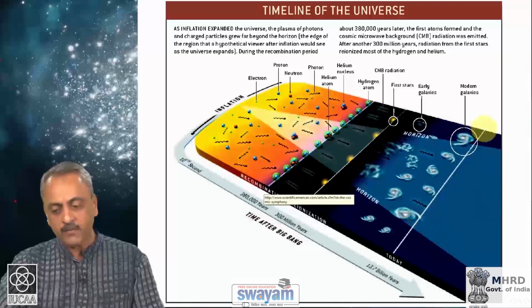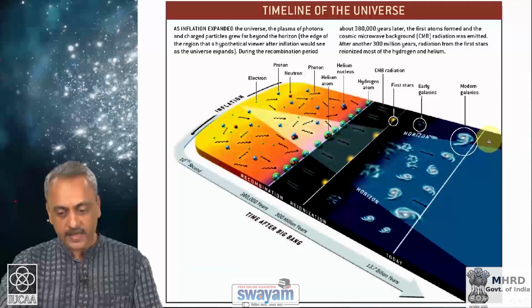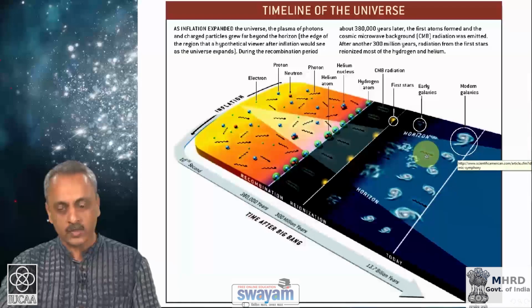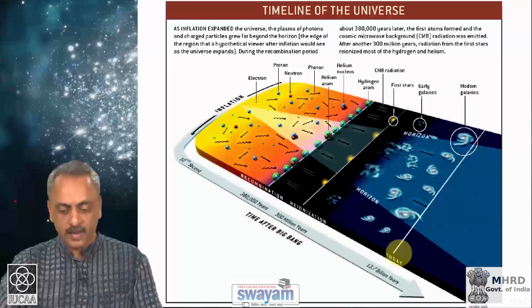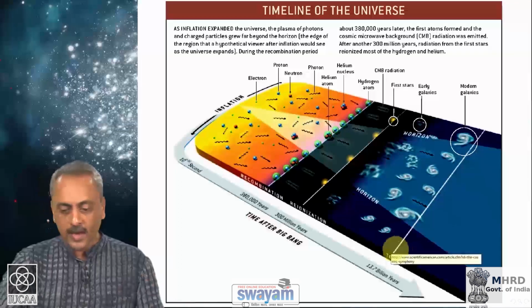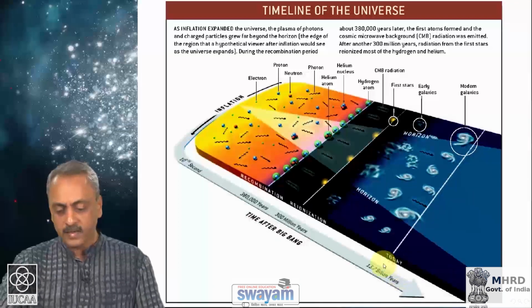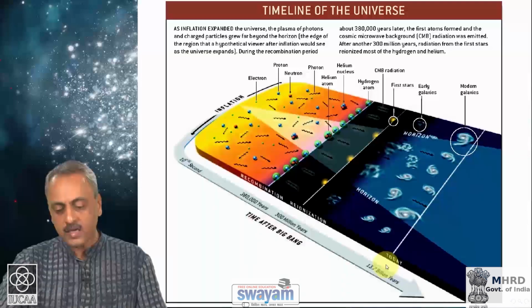At this point in time, we observe them in the microwave regime. Because of the expansion of the universe, these photons are getting towards lower and lower energies. So, we observe them at microwave frequencies, and as radiation can be characterized in terms of its temperature, this radiation at the current time is around 3 Kelvin.